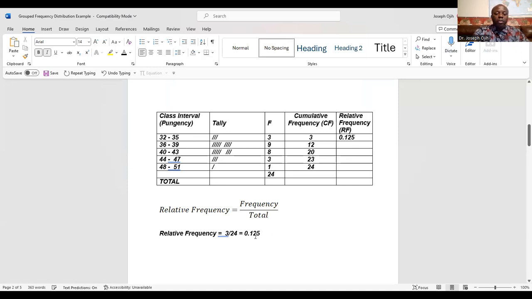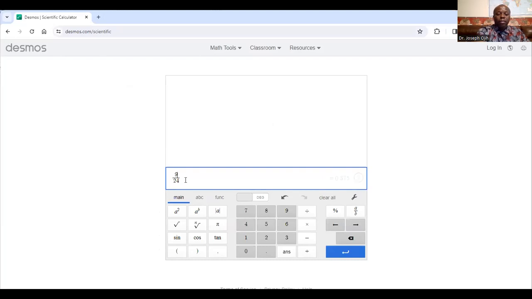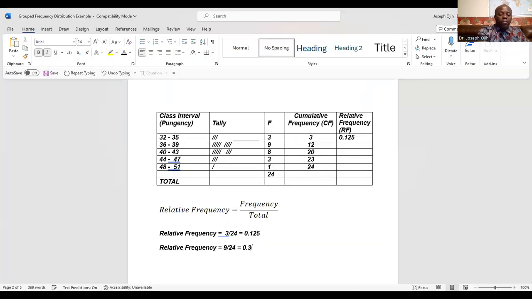Now, the relative frequency for the second frequency, for this group, is 9. So it's 9 divided by the total of 24. Using the calculator, 9 over 24 is 0.375.